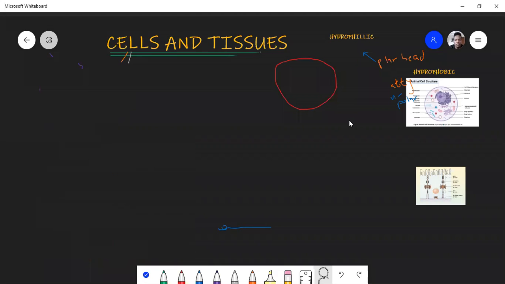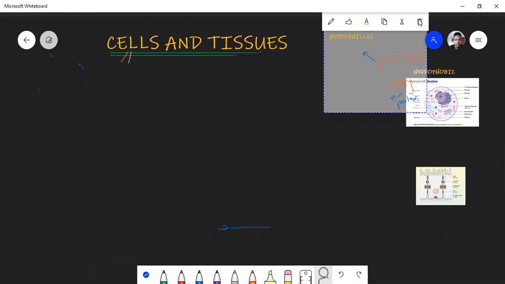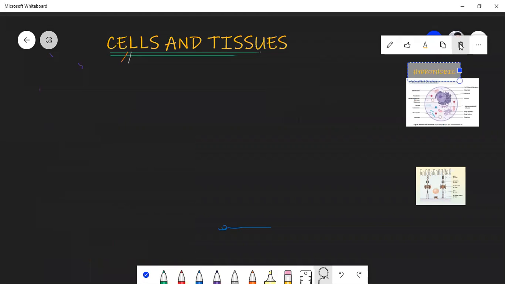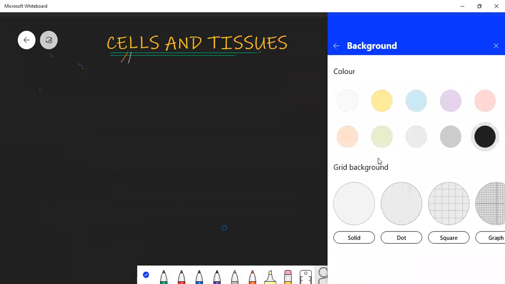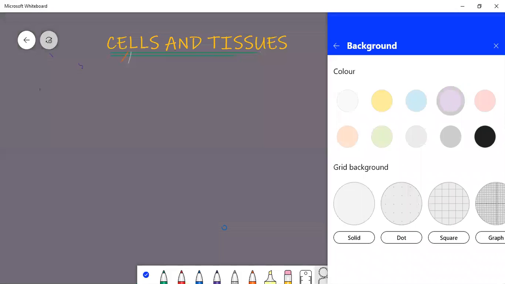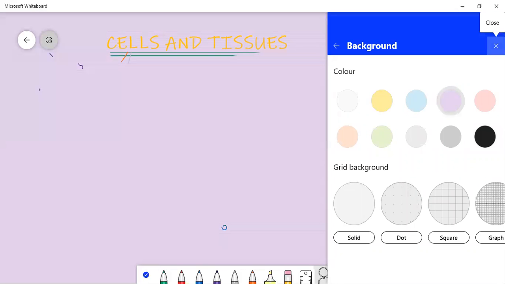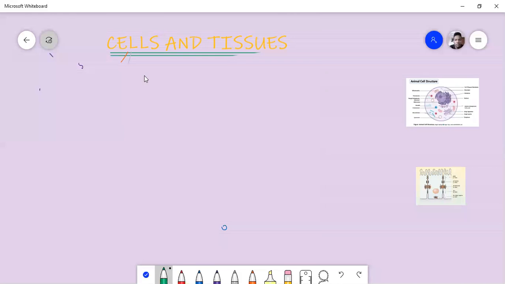So what you have to know, guys, is that we have 3 types of junctions. I'll show you a picture of junctions when I'm done explaining.